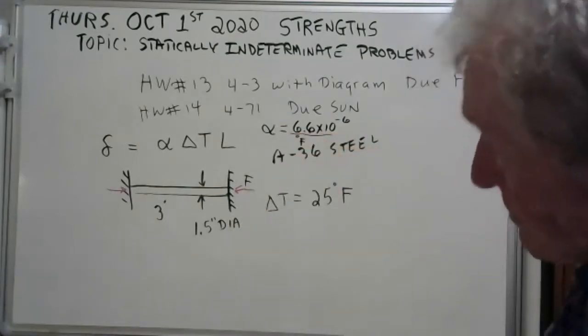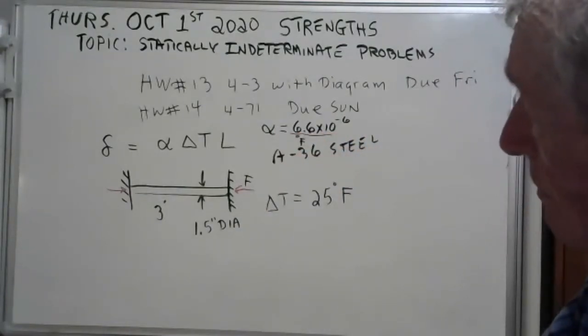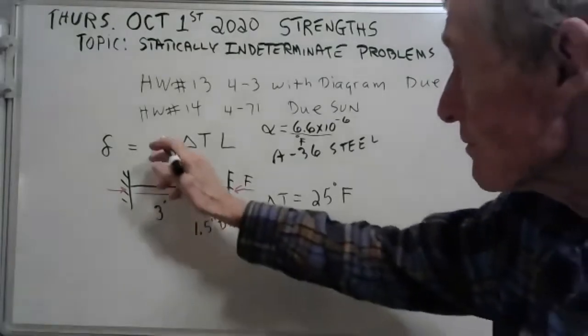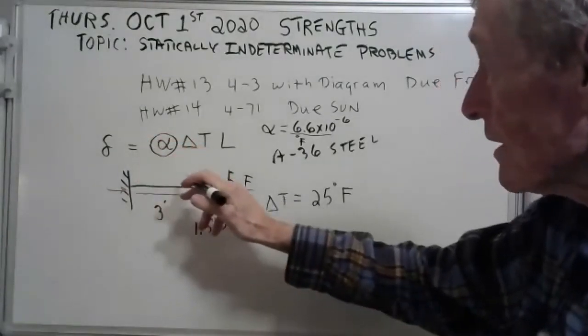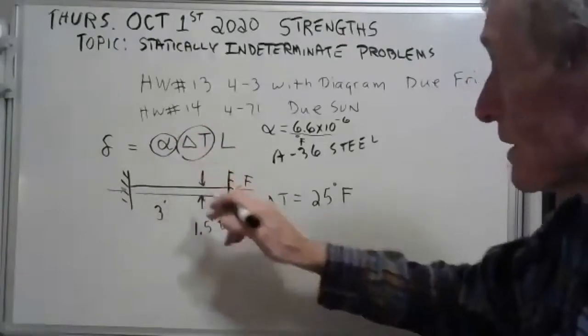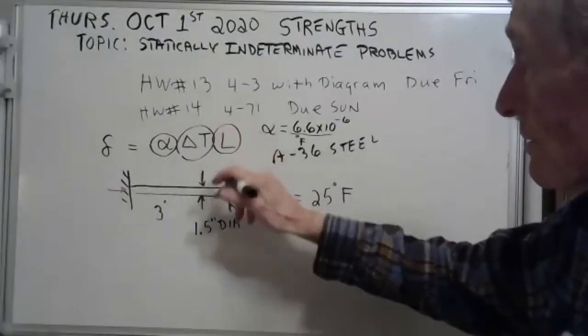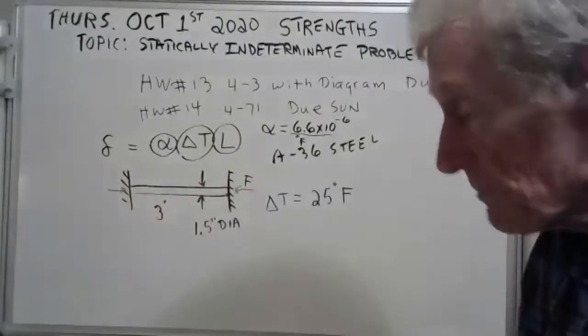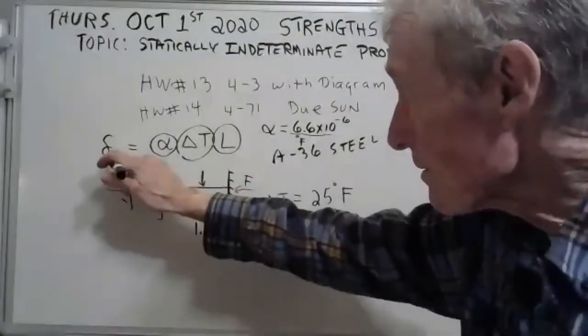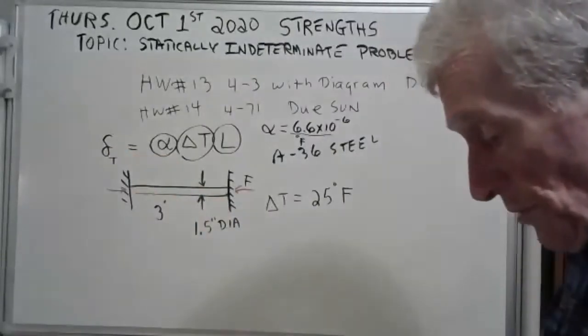That's what it says. All right. Well, look here, we know alpha and we know delta T, it got 25 degrees hotter. And we know L, hey, we could find out the thermal deformation, they put a little T there.